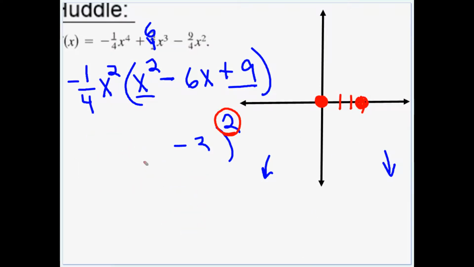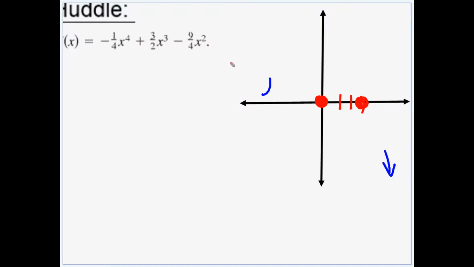I guess we could do another point or so. Well, yeah, let's do another point. I just didn't want to maybe deal with those fractions, but let's make that a 6/4 again, because it's easy to plug in a 1. If I plug a positive 1 in there, I'm going to get negative 1/4 times 1 is negative 1/4.